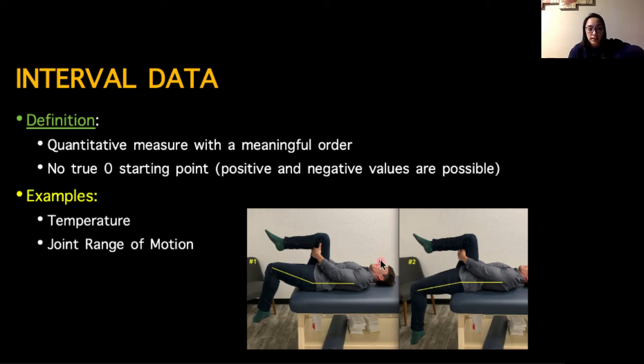If they're completely horizontal, if their leg is parallel with this reference point, then that would be a 0 degree measurement. They could also be below that horizontal, which would be a negative measure, and if they were above horizontal, that would be a positive measure. Okay, so 0 is not the starting point, rather it's an existing point within this fluctuating scale of negative to positive values.